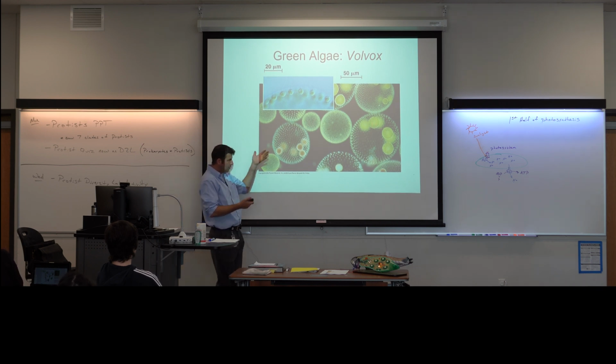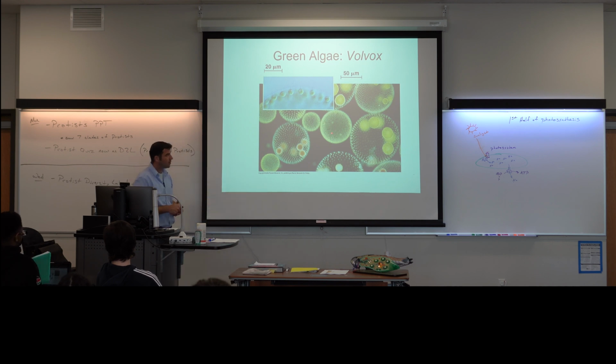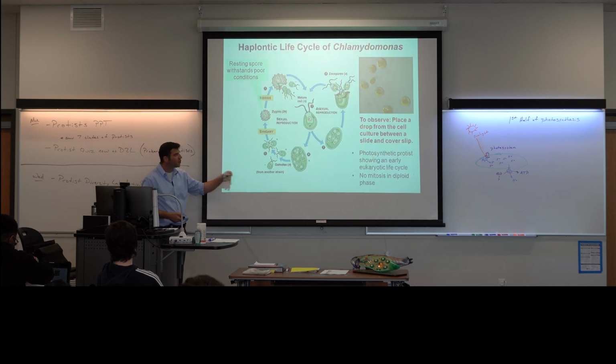And when the parent sphere finally ruptures, we can see these little reproductive spheres emerge. And each cell kind of goes to work pulling in its own nutrients and kind of lives independently. So our good example of a colonial green algae, there's our multicellular green algae, and these Chlamydomonas.